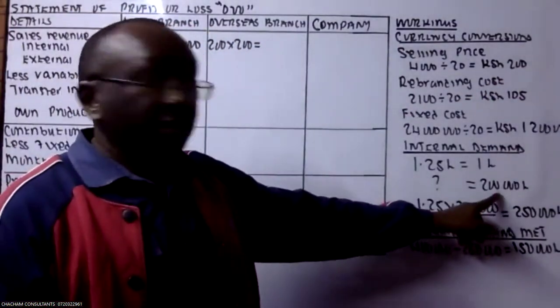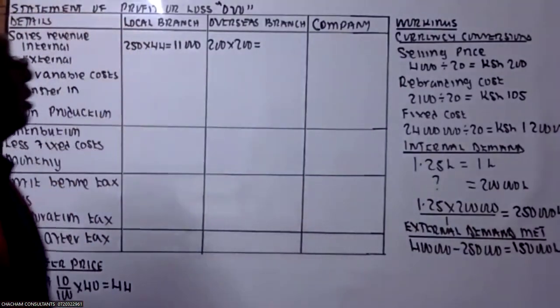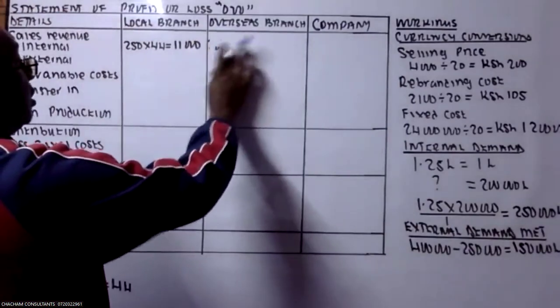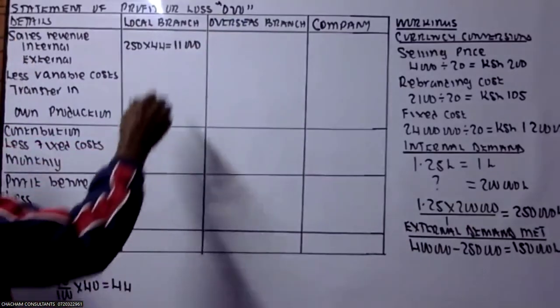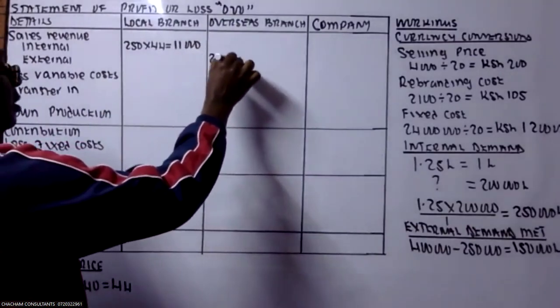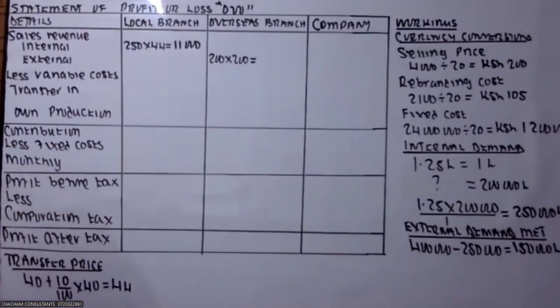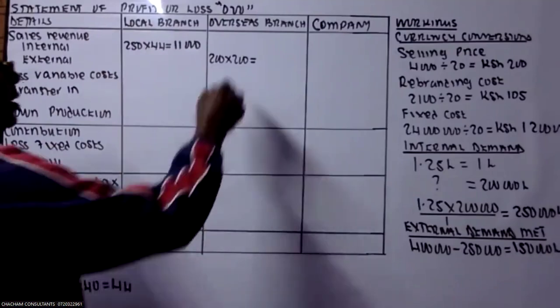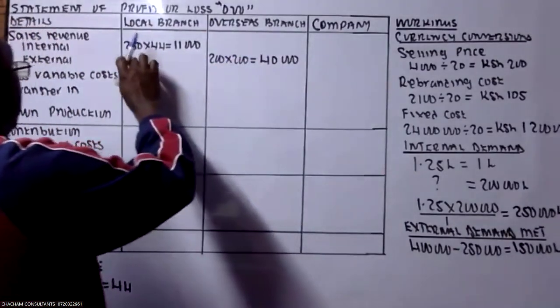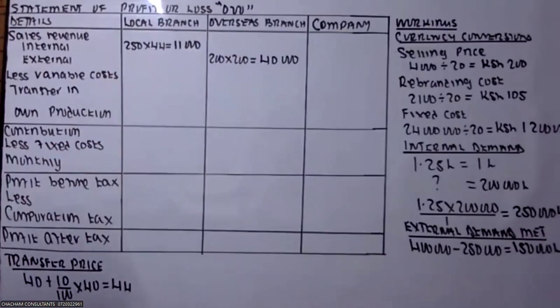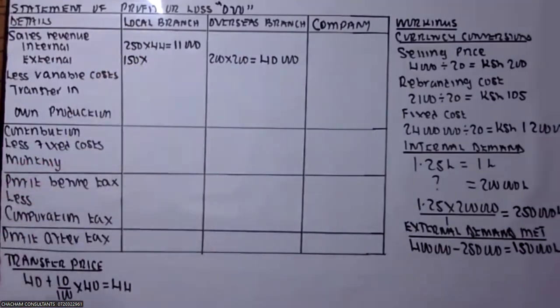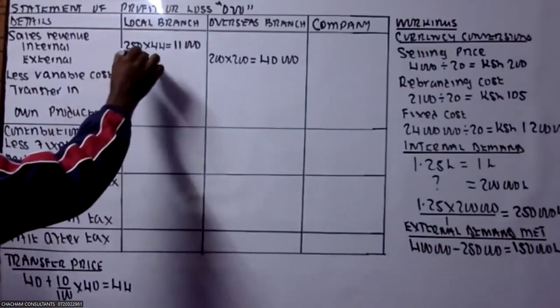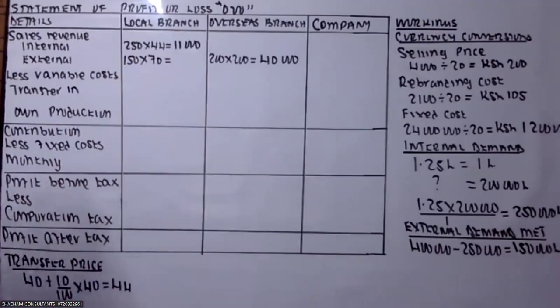Oh, sorry, not that one. That is for internal, so we are done with internal. So I should have written it here. For external, I should have written 40,000 there. Then I go back and write the external for the local branch. They will sell 150. So it is 150 and the external price is 70.